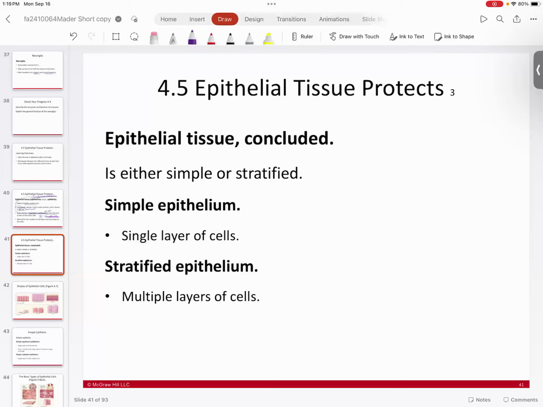Now, you can classify epithelial tissue by its layers, number one, and also by its shape. By layering, we can determine that an epithelial tissue is either stratified or simple. If you're simple, that means you're a single layer of cells. That is to say, the same layer is in contact with both apical and basal surfaces.